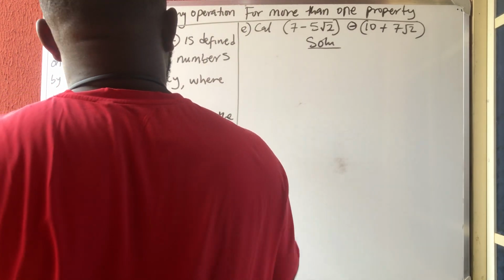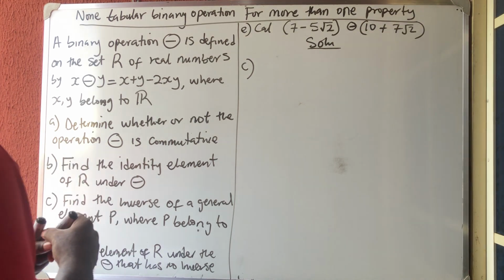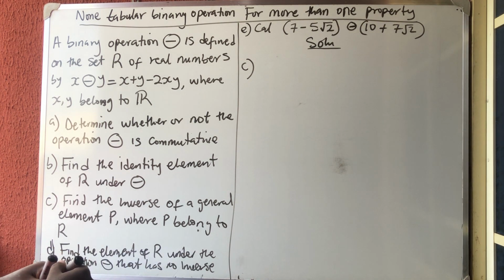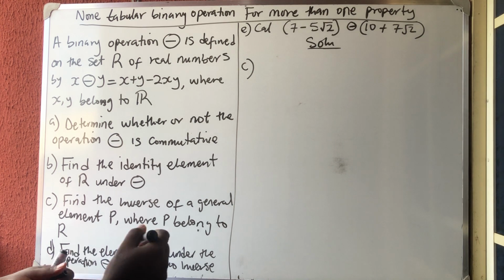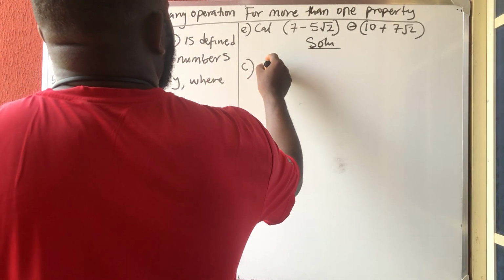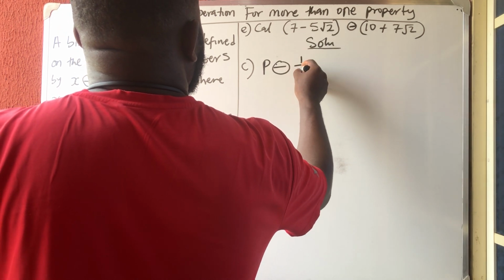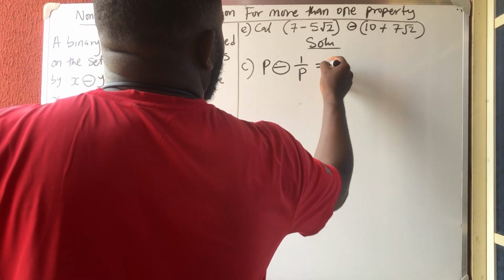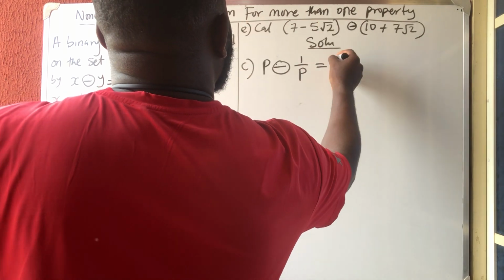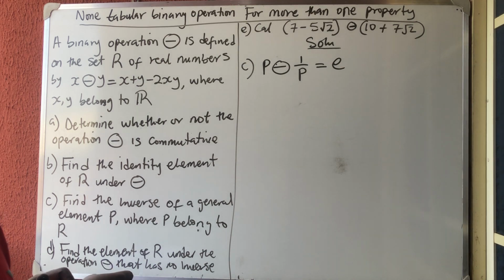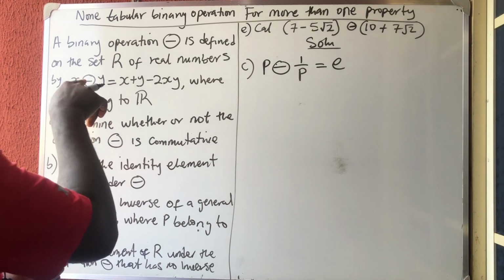The next one, that's number C. Number C said find the inverse of a general element P where P belongs to R. We know that P operates on its inverse and I'm going to get an identity element E. And we have gotten that the identity element of this operation is 0.